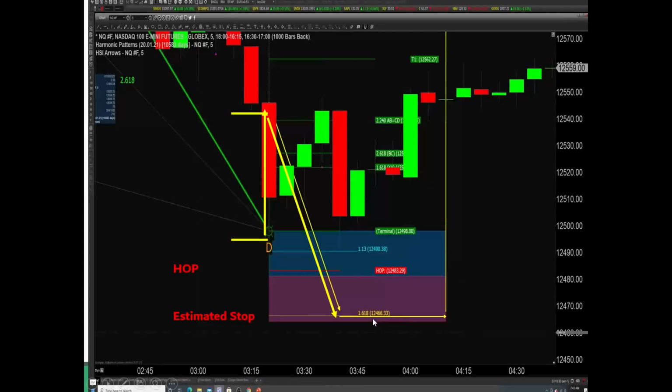The other thing about this estimated stop level, especially with something like a terminal bar measurement, is that beyond that, we can compare it to our target one. So we're looking at a pattern like this and we say, okay, our maximum black swan stop, if you will, between that zone, the 12.5 level, and 12.465 is fairly wide, 35 points, but our objective is 65, 63 points.